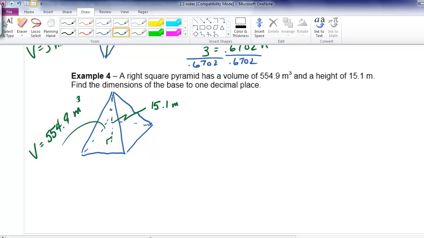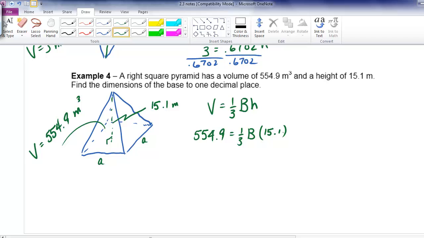That's good. And now we have our formula, which is 1/3 base times height. This is a good time to write base times height because it's a square base. The question is asking you to find the dimensions, so I'm going to label it because that's ultimately what I want to find. Given it's a square, we know that the L and the W are the same, so I'm just going to call it A. Now it's a matter of plugging in the numbers into the proper place.